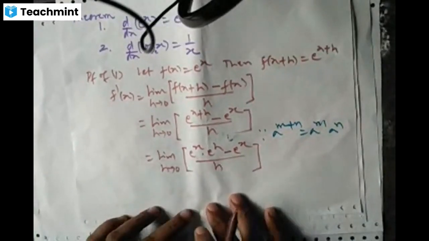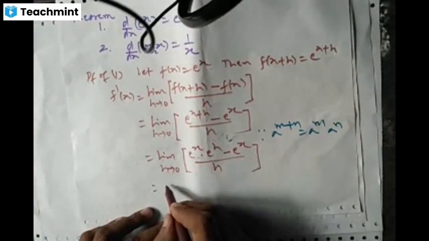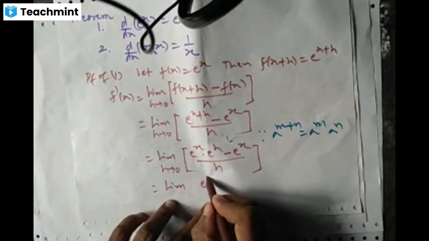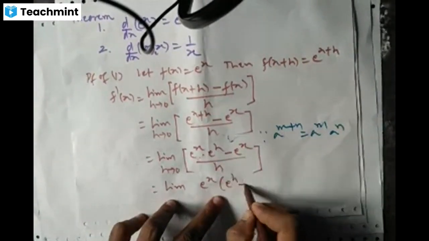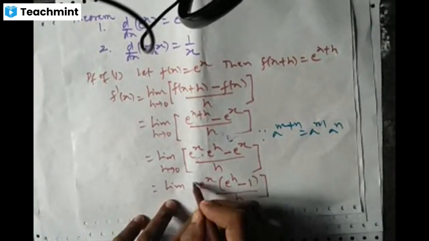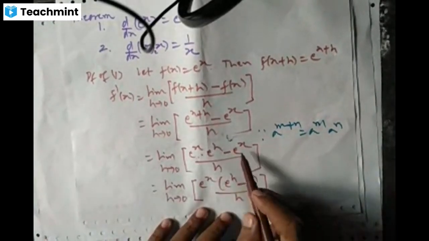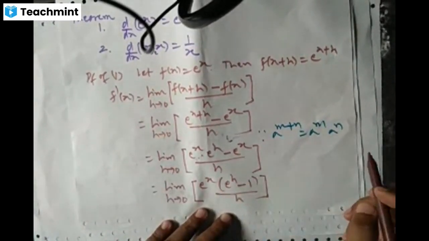See here, e to the power x is common, right? So I can take e to the power x common: e to the power x into e to the power h minus 1, divided by h, as h tends to 0, correct? I have taken e to the power x as common in the numerator.